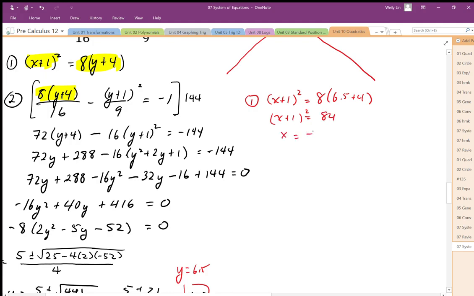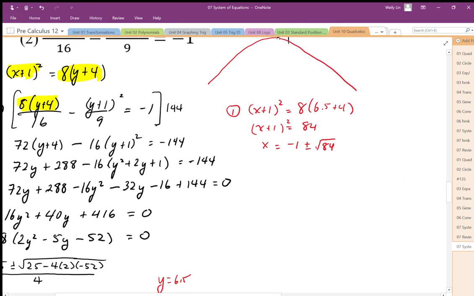So I get negative 1 plus or minus the square root of 84. My coordinates are then negative 1 plus square root 84 and 6.5, and negative 1 minus square root 84 and 6.5.